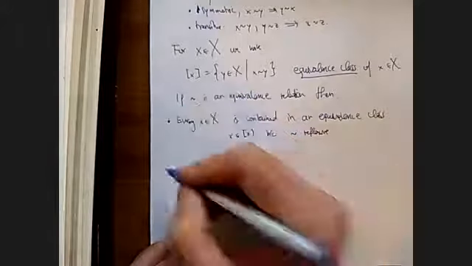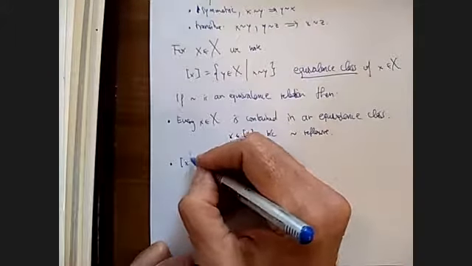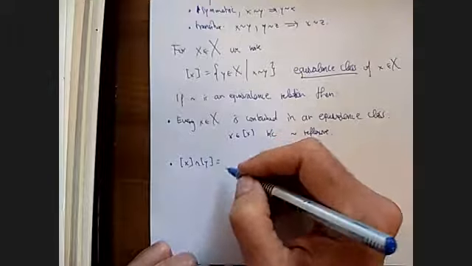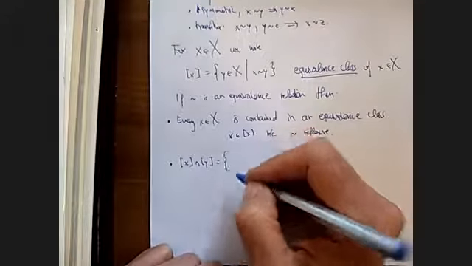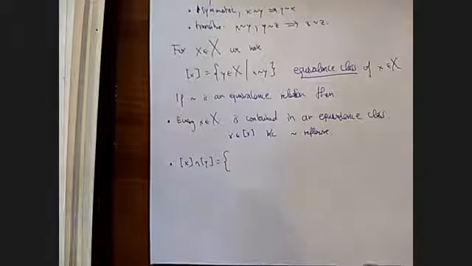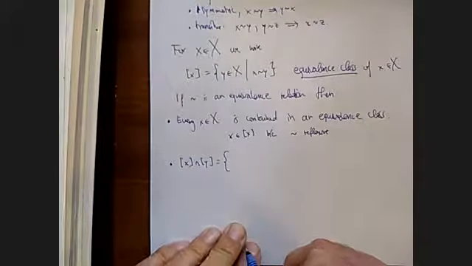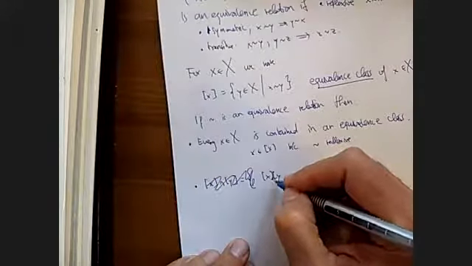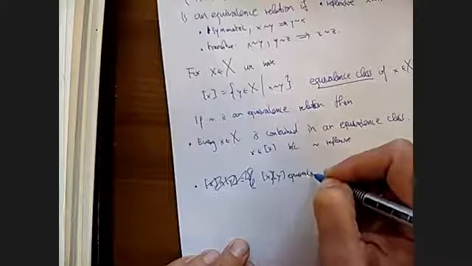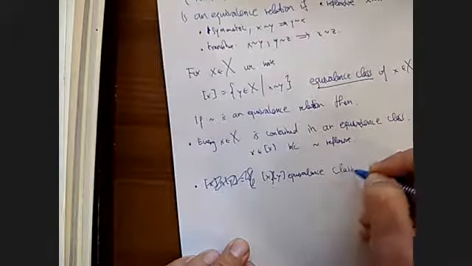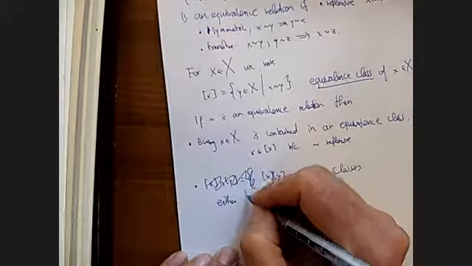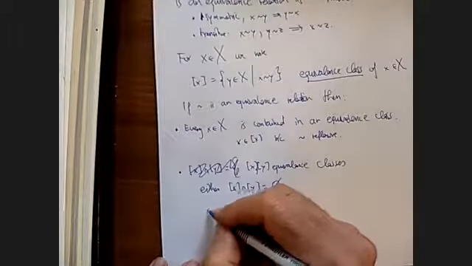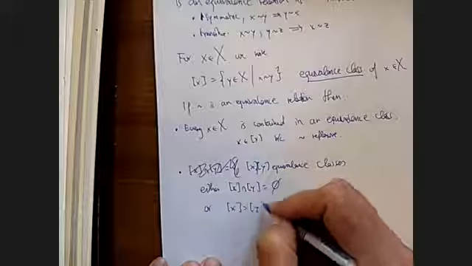This is the first fact, and the second fact is if you have two equivalence classes, [X] and [Y], there are only two possibilities. Either the intersection of the two equivalence classes is empty, or the two equivalence classes are equal.